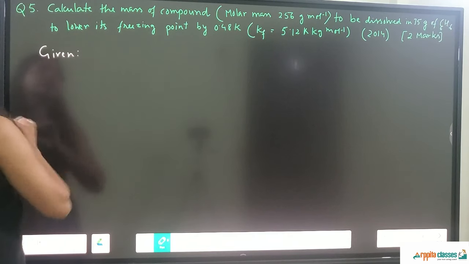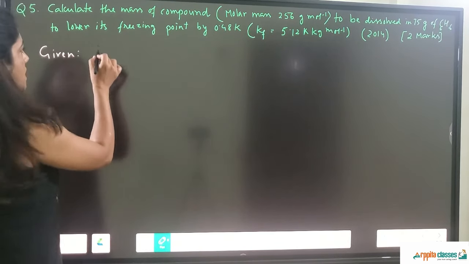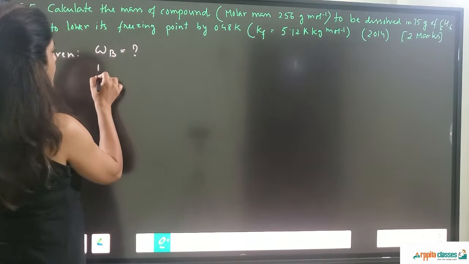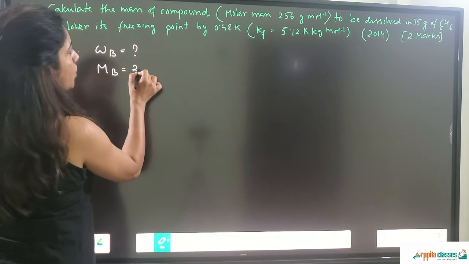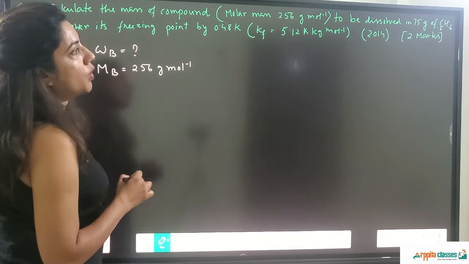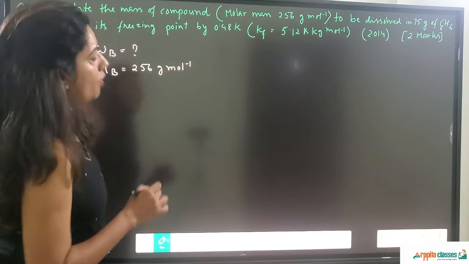Given information first is calculate the mass of the compound. So this is a solute and they are asking for mass, that is Wb. Molar mass, that is Mb, is equal to 256 gram per mole. To be dissolved in 75 gram of benzene.